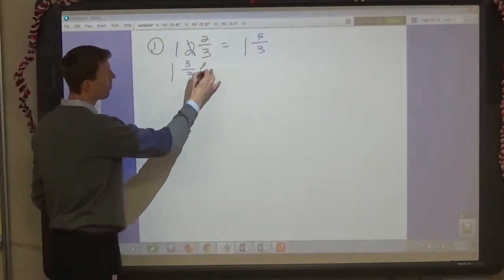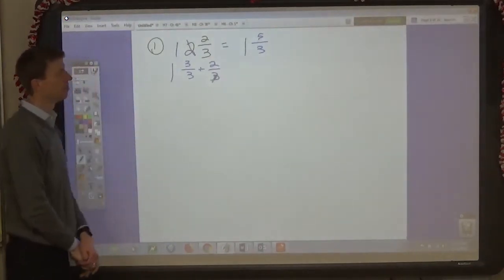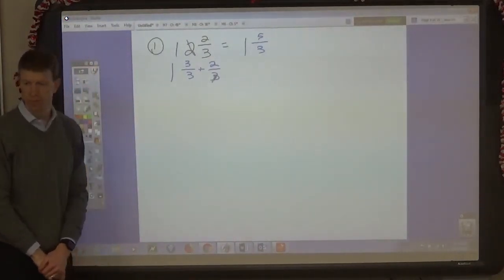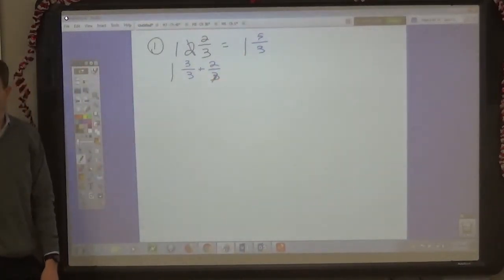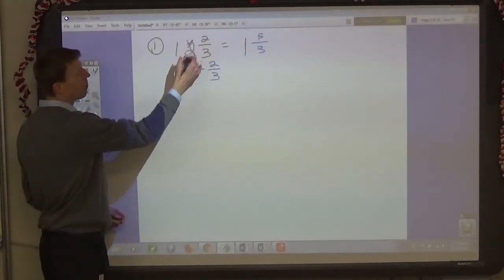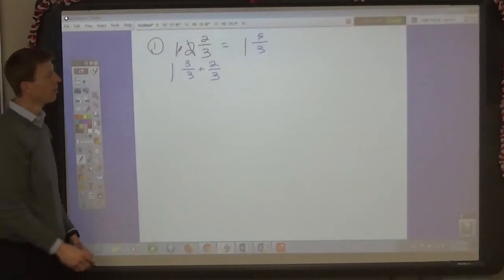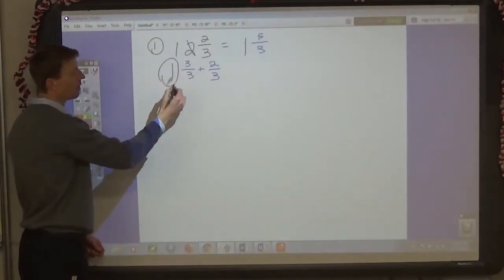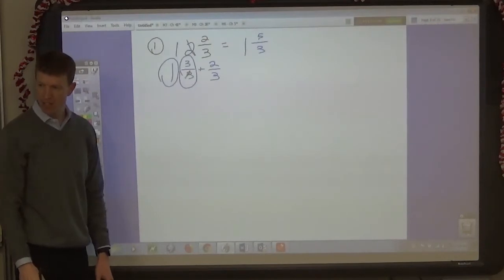So it's 1 plus 3/3 plus 2/3. Right? 1 and 5/3. We have 1 whole left, and then the other whole is now in pieces, 3/3.